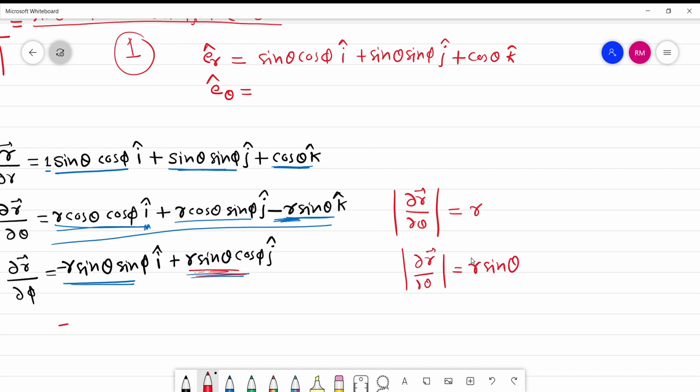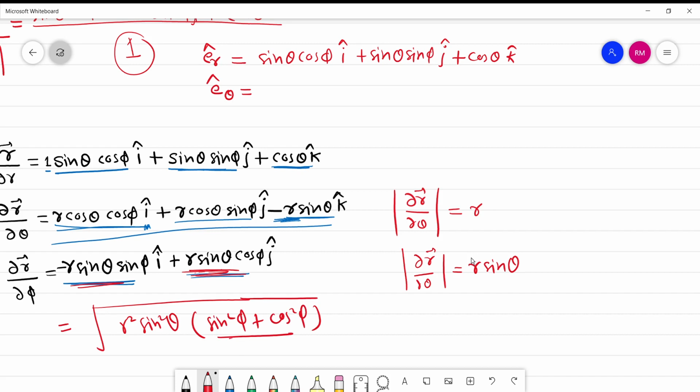Even you can find it here if you take a root of the square of this term plus this term, you can see r square sine square theta is coming common, and then there is a sine square phi plus cos square phi, right? So this quantity is 1 and you are getting r square sine square theta, and root of that is r sine theta.